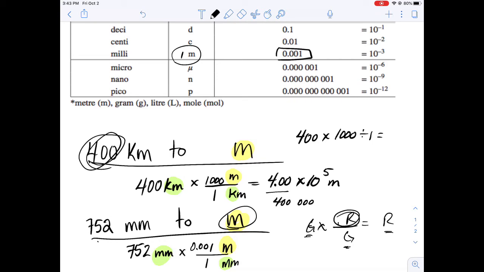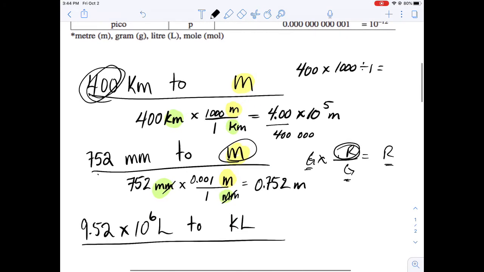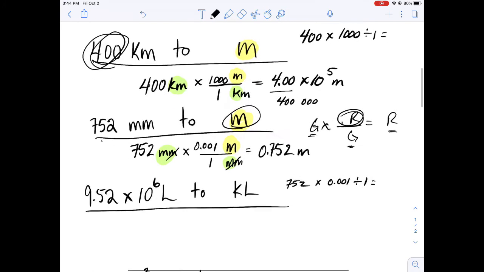So if I take 752 millimeters times 0.001 meter per 1 millimeter, the millimeters cancel out, and it leaves me with 0.752 meter. To put that into my calculator, I put 752 times 0.001 divided by 1, equals.